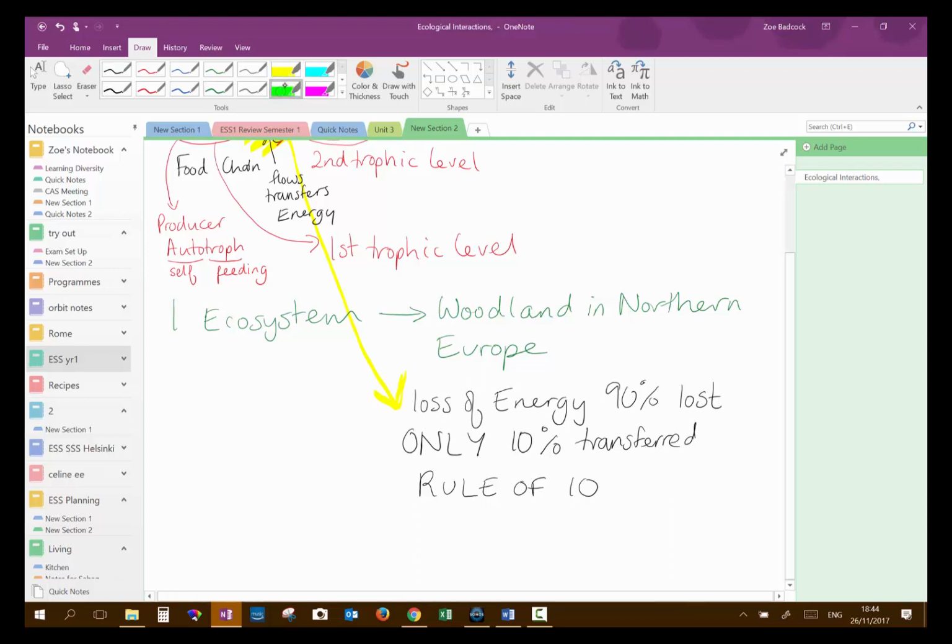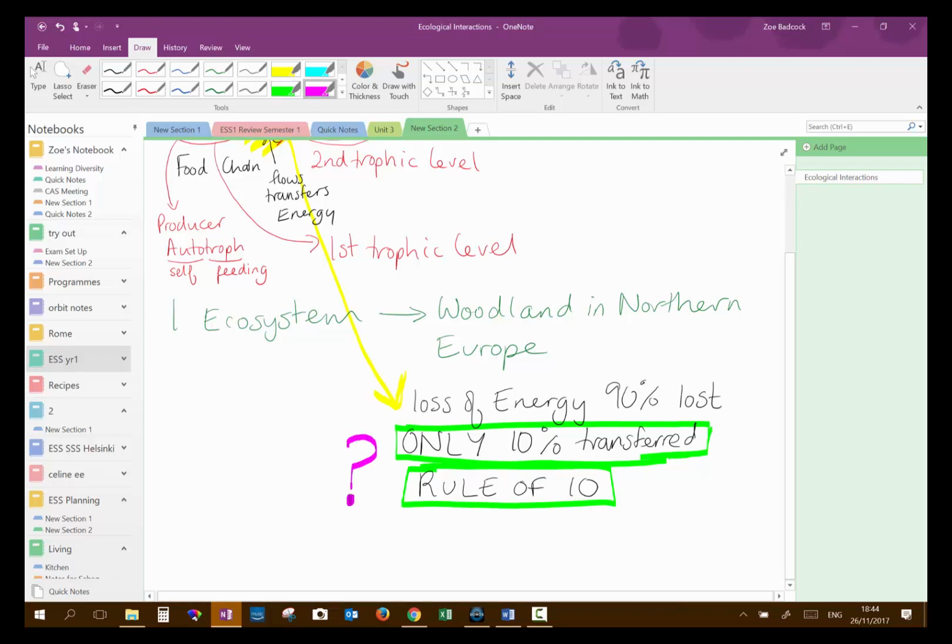We call it the rule of 10. Very important. Only 10% of energy is transferred. Okay. Now we need to understand why all that energy is lost.